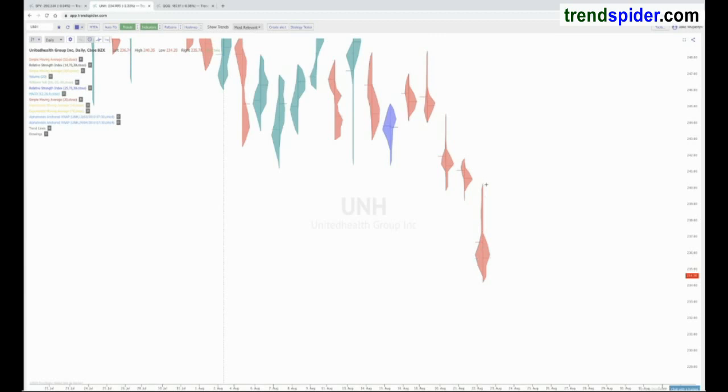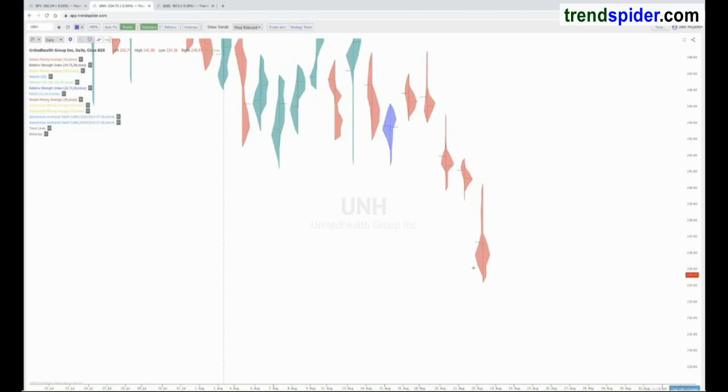So you can see, like any other candle, the top here is your high of the period, the bottom here is the low of the period, but in between, instead of just being a regular candle, you can see that during the first half of the period, a lot of this volume is focused at the bottom of the range here. So you can see that there's not a ton of volume actually traded in this area.